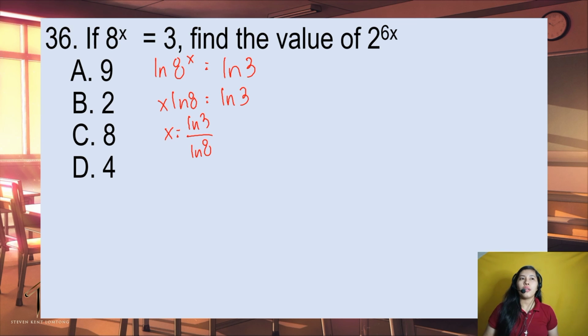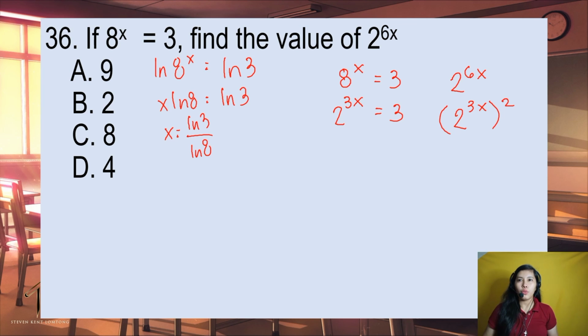if you want to apply the rules of exponent, so, kailangan natin i-express yung mga given na madali siyang masosolve. So, I will consider this one, 8 raised to x equal to 3. So, yung 8 natin, we can express this as 2 raised to 3x. That's equal to 3. And as you can see, yung 2 raised to 6x po natin, pwede natin siyang i-express as 2 raised to 3x, all raised to 2.